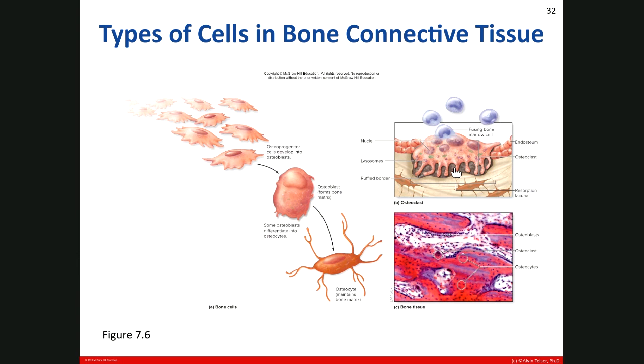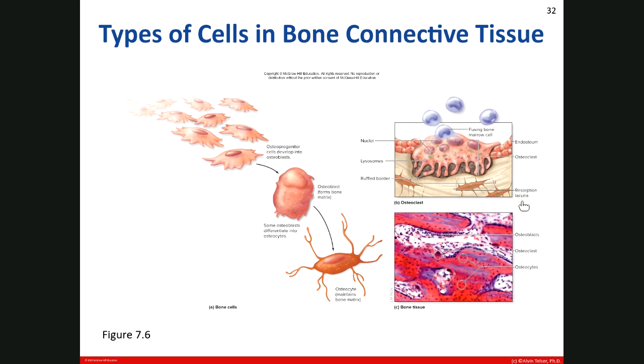They are located in a depression, and this depression has a name which we call resorption lacuna, or the other name is Howship's lacuna. The function of osteoclast is reabsorption of the bone. They can eat the bone and they can release calcium ion.